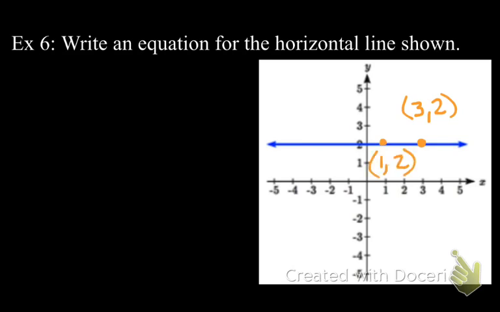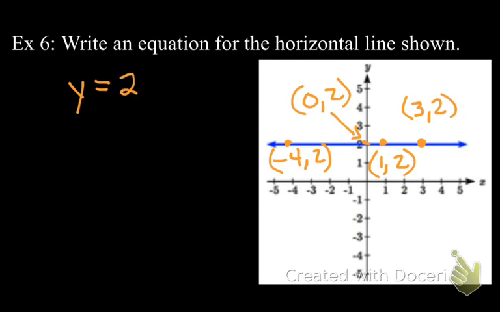This point right here is 0, 2. And that's probably enough to emphasize our point, but let's go one more, -4, 2. And we see that the x values are all changing, but in this case, y equals 2. Or like I said, you might see it written as f of x equals 2.